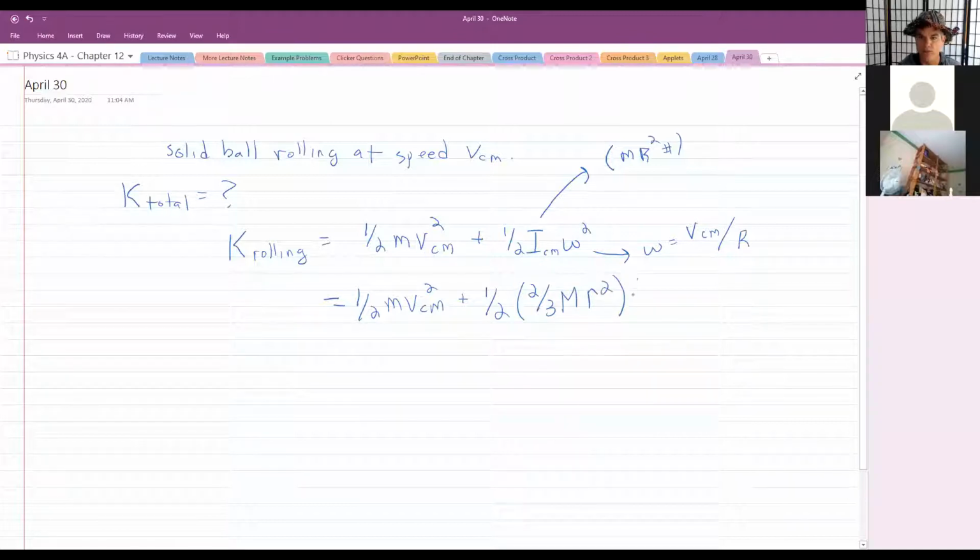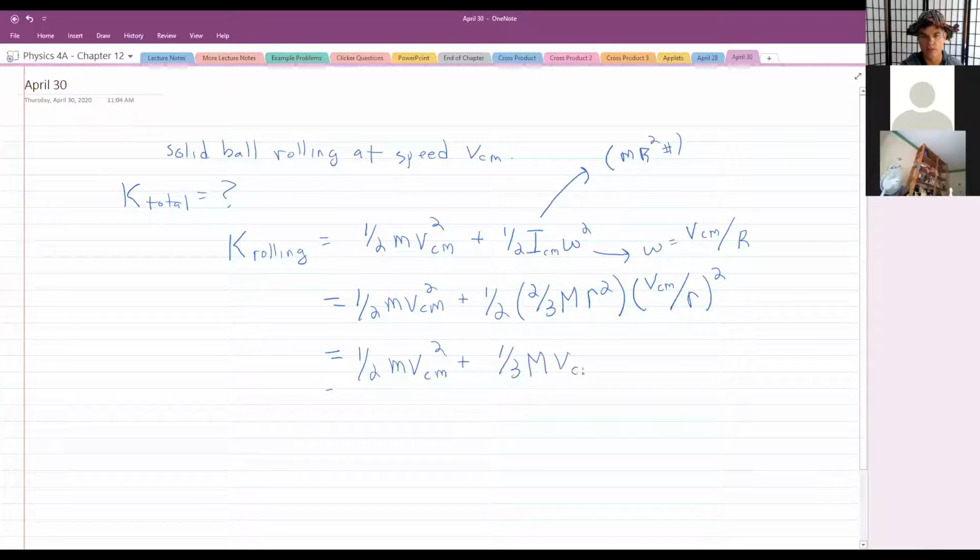And then I'm replacing omega with v divided by r. And what I get then is 1/2 m speed of the center of mass squared plus 1/5 m times the speed of the center of mass squared. These are the same m's. Which in this case, what is a half plus a fifth? This is 7/10 mv squared.